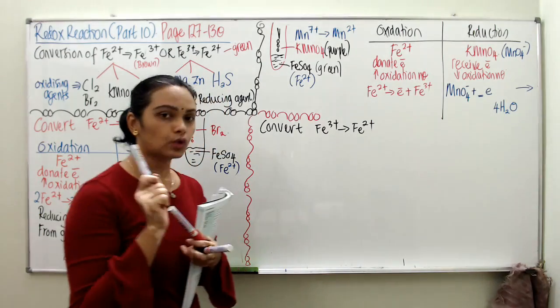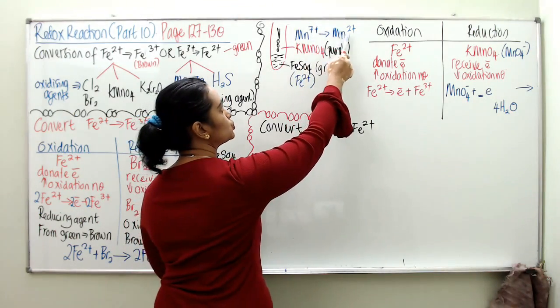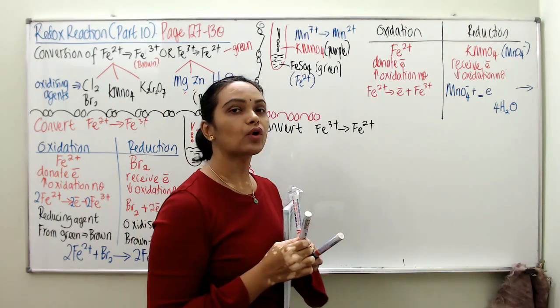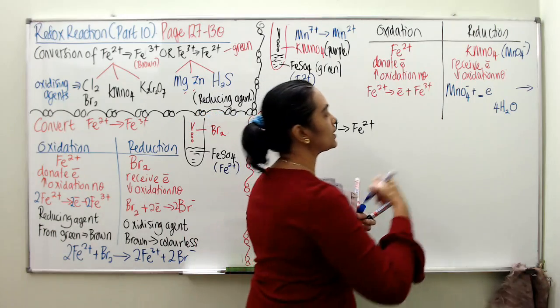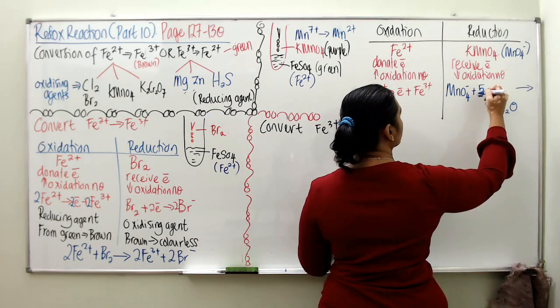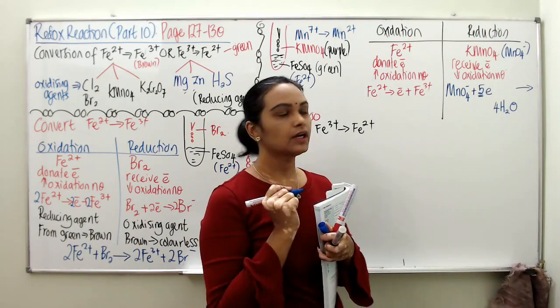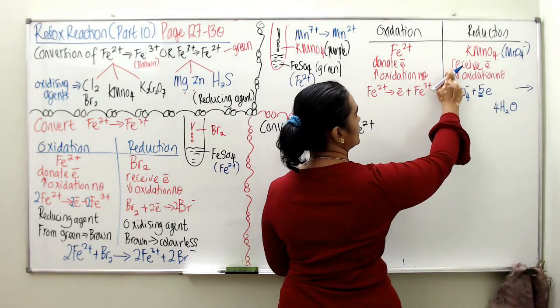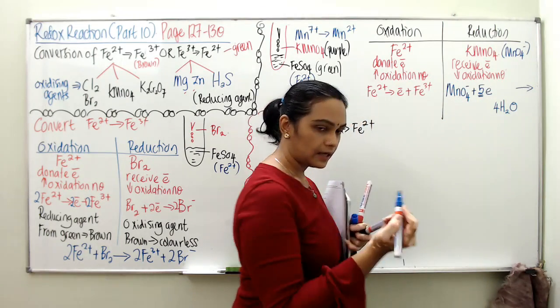Now my question is, if you are reducing 7+ to 2+, how many electrons do you think you need? From 7 to 2, that means you are supposed to involve 5 electrons, correct? Since you are receiving electrons, the electrons must be written before the arrow.